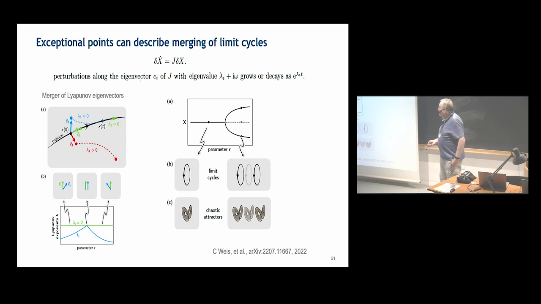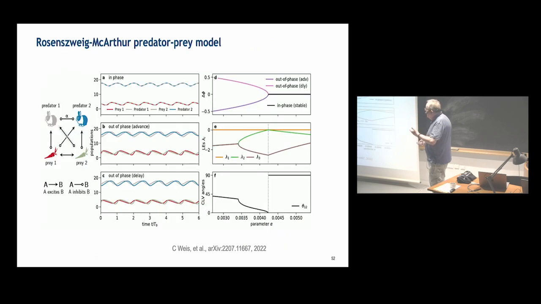Okay. But you can now ask what happens in general when transitions occur where limit cycles try and merge. And these often come in biological varieties. Predator-prey models are like this. So you've got predators and prey.